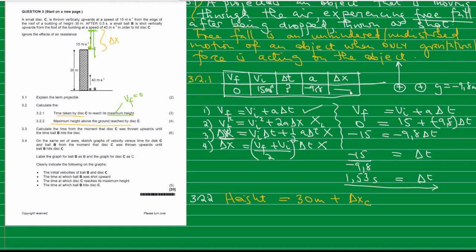Now we have analyzed the information here in our table. Delta X is what we are going to calculate. We can pick any equation that has got a delta X; equations 2, 3, and 4 will apply. So let's calculate delta X for C, then we'll add to 30 meters.